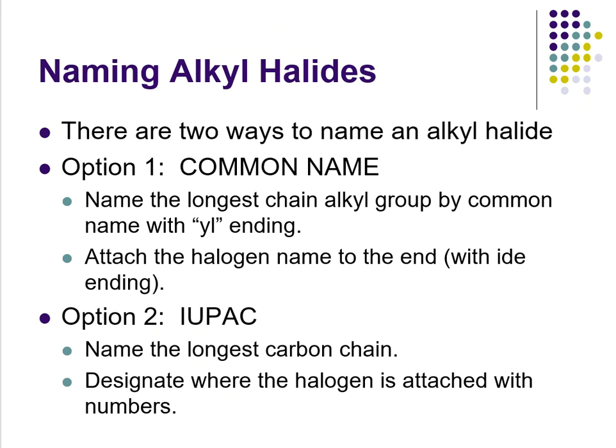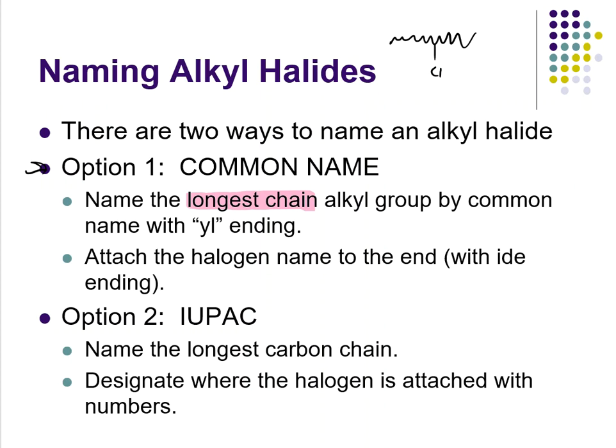There's two ways to name an alkyl halide. So that means that I've got this molecule, ziggy-zaggedy, and then off of this molecule, I might have something like a Cl. Okay, there's a common way to name it, and there's an IUPAC way to name it. Option 1 is the common name. The rules basically say, find the longest chain.